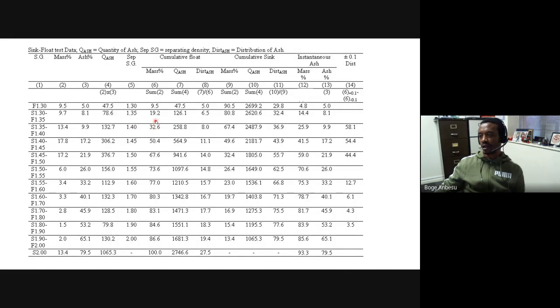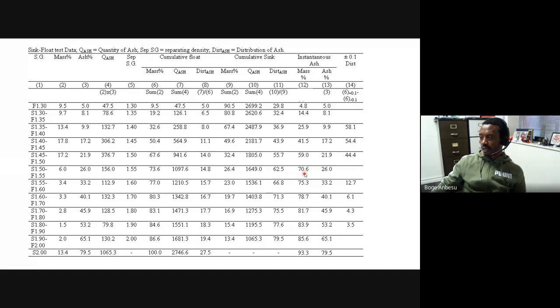So if you say 19.2 plus 32.6 divided by 2, you should get 25.9. Okay, so check if that makes sense, but it should be obtained like that.